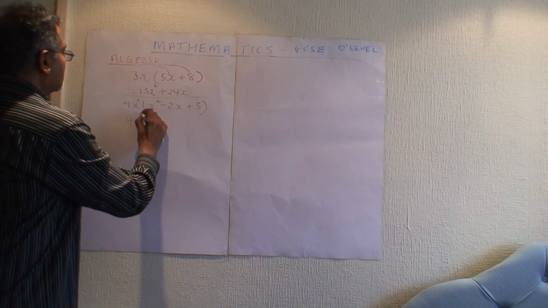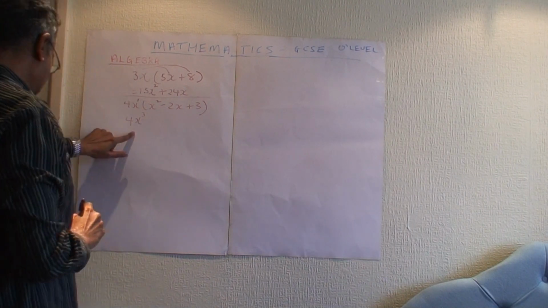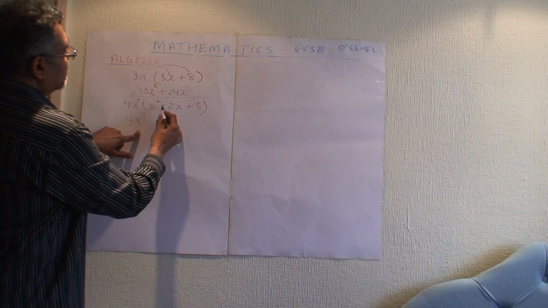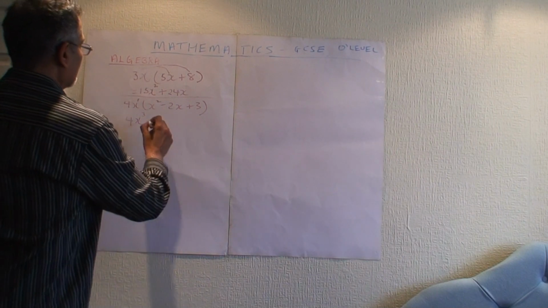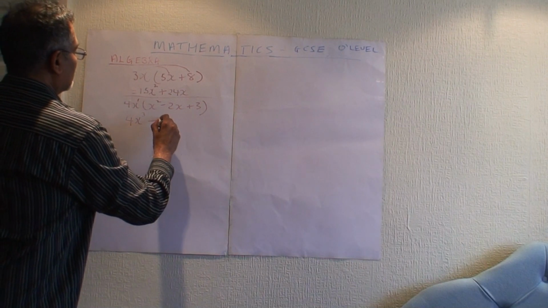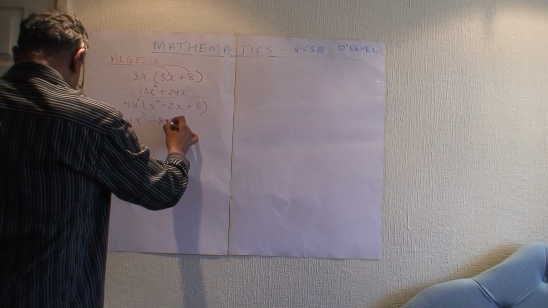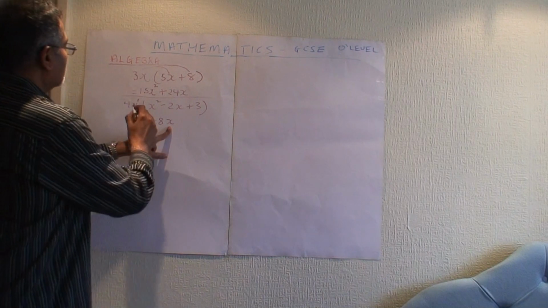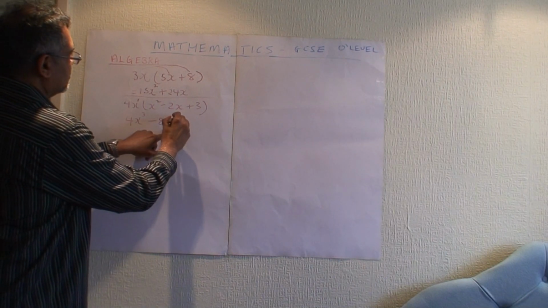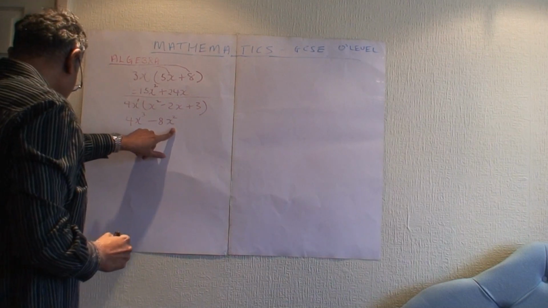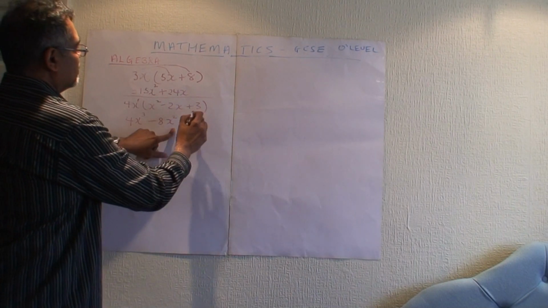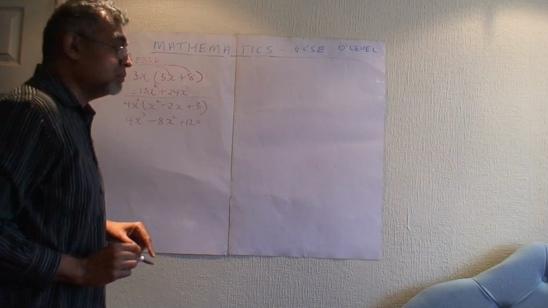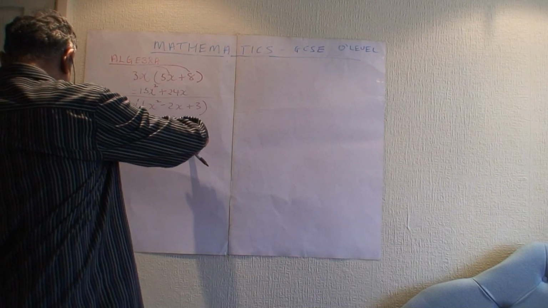It becomes 4x to the power of 3. Then 4x multiplies by minus 2x will give you a minus 8x, but something else is missing because x and x is going to be squared. And 4x multiplied by 3 is plus 12x.